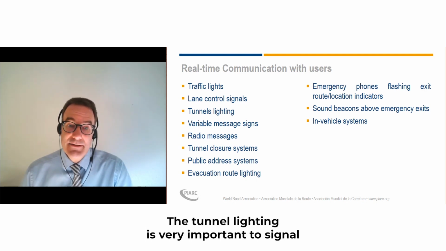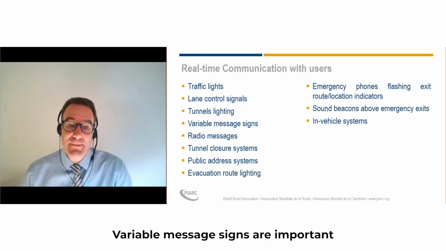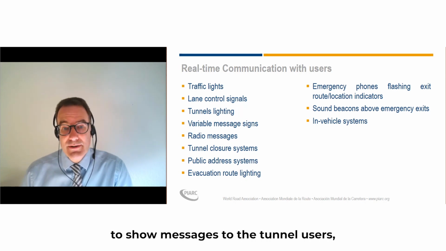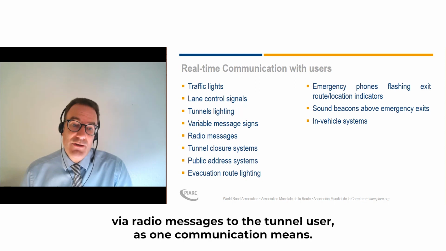The tunnel lighting is very important to signal and to help the people to evacuate if something happens. Variable message signs are important to show messages to the tunnel users, how they should behave. The possibility to speak via radio messages to the tunnel user is one communication means.